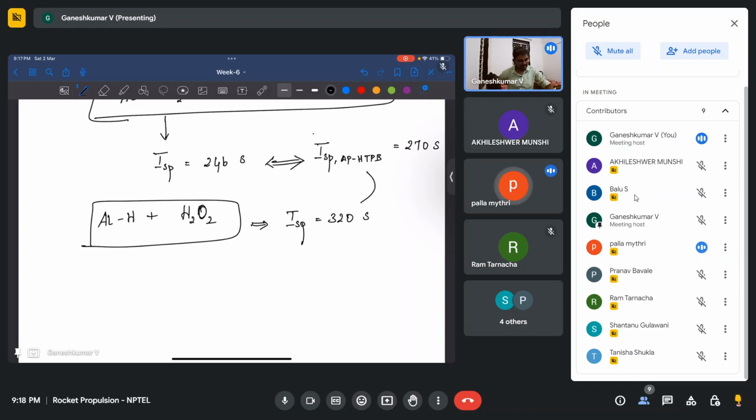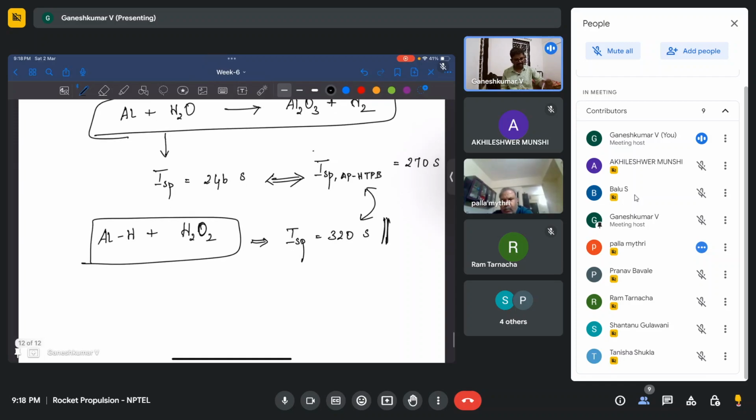But people are not using it because they are not able to get this 320 seconds, and that's why active research is going on. Theoretically it says 320 seconds, but if we are able to get this experimentally, then we can directly use it.